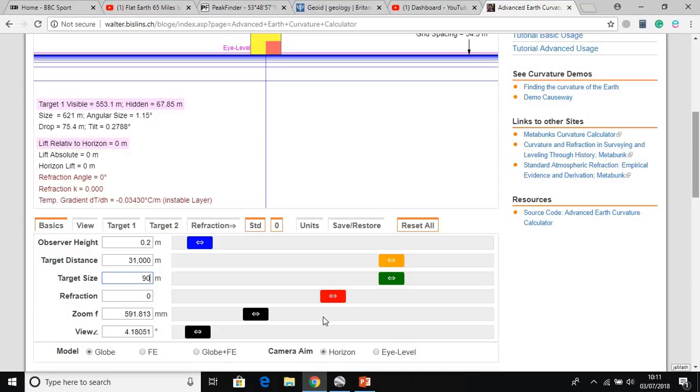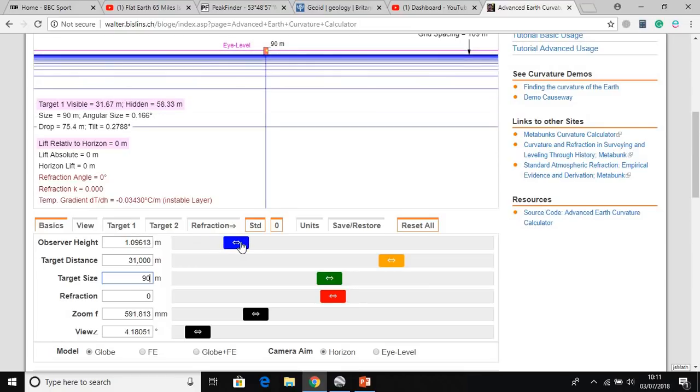So if we do that, we see that we should indeed see part of the 90-meter tower. The question is, how much of that tower are we seeing? And the easiest way to demonstrate that is to change our observer height.